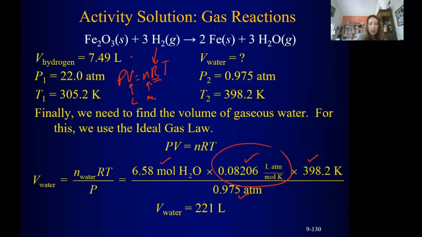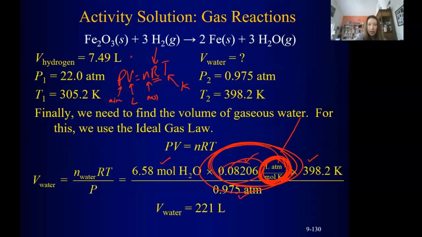This has to be in moles. This has to be in atmospheres. This has to be in Kelvin, right? Or the problem won't work. So just remember that. And again, you don't need to memorize that. This constant's always given to you. It's going to tell you right here what units you need to have it in. So if you ever use this number, you must use the units behind it.